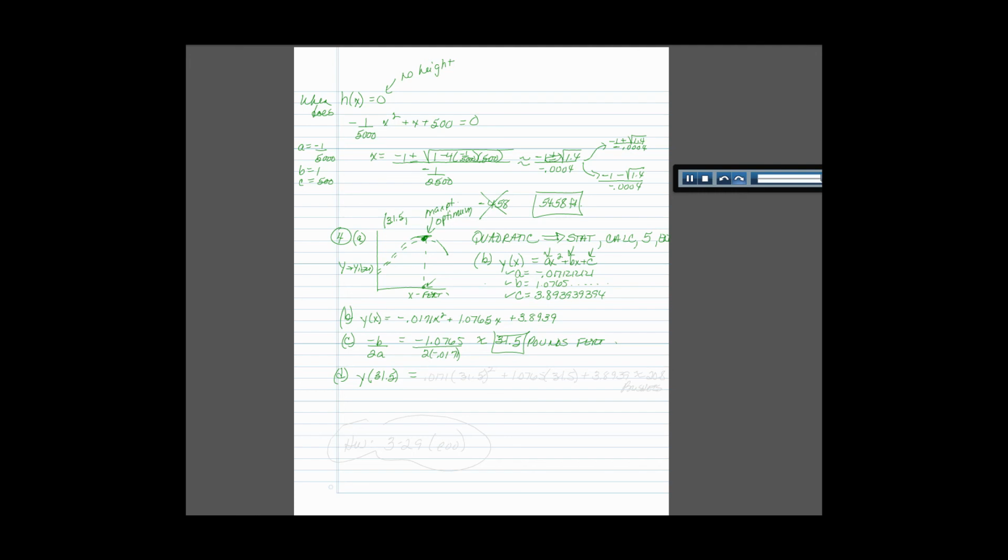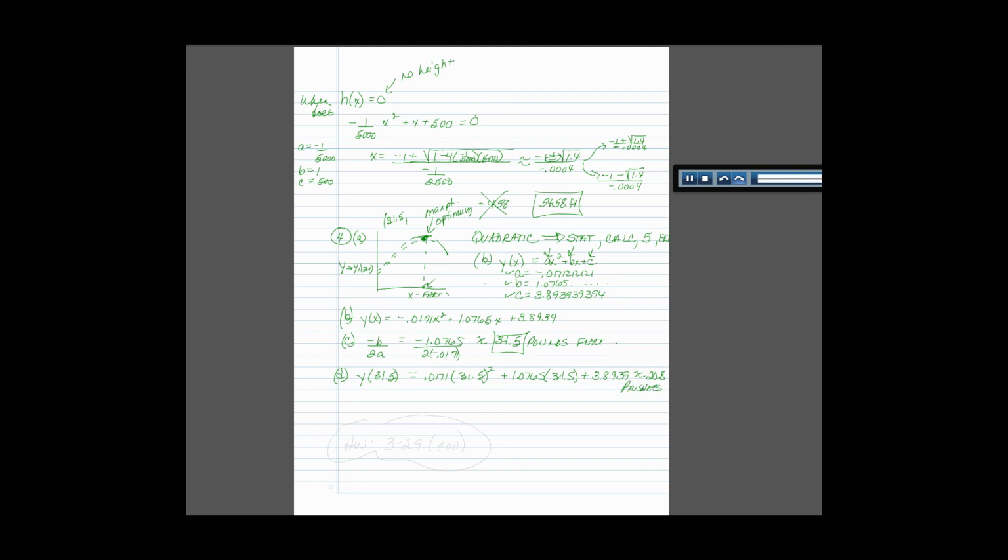Which is simple enough, because we're going to put back in our original equation the 31.5 plus 1.0765 times 31.5 plus 3.8939. Put that in the calculator and you get about 20.8 bushels, I believe is the way, if you look back at the chart, that it's labeled.